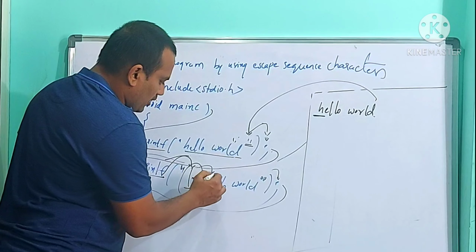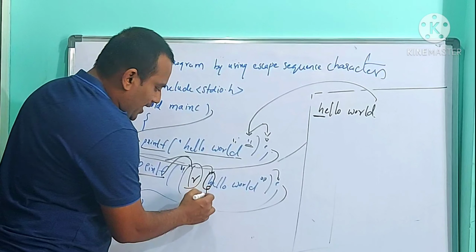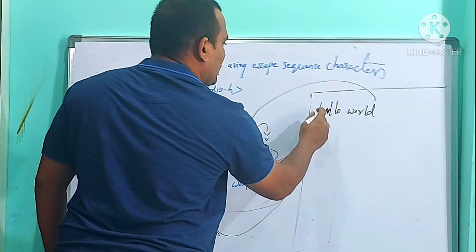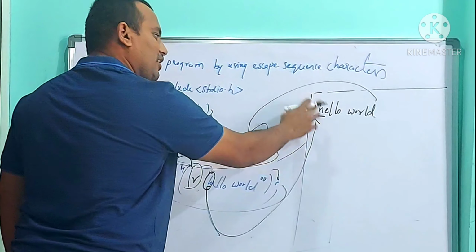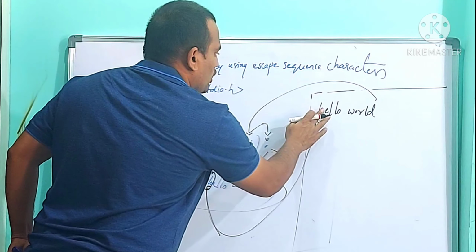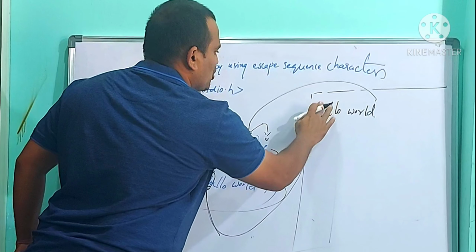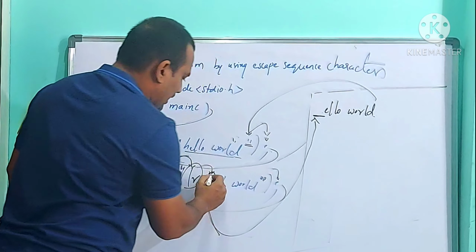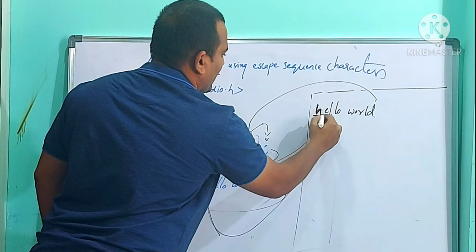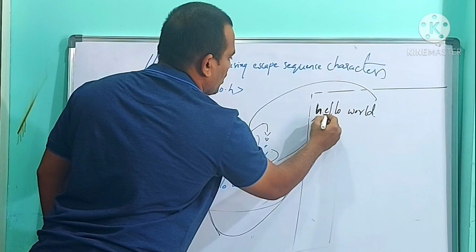What is the next one? H. So now it takes H from the printf and goes to the cursor position. What is there? The already existing character H only. The runner doesn't care what the existing character is. First of all, it removes the already existing character, then it places the current character H. After printing the current character, it moves the cursor one position right.